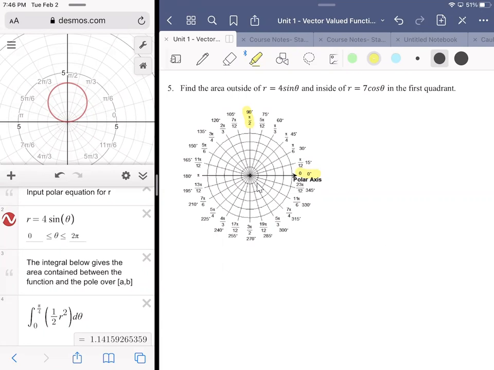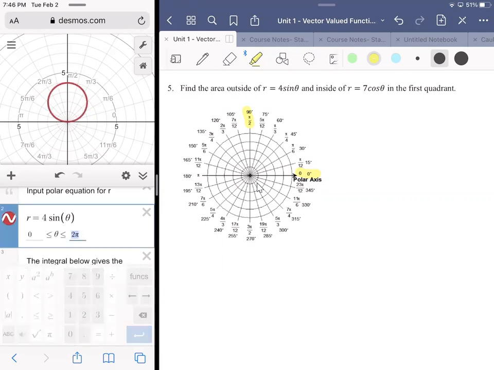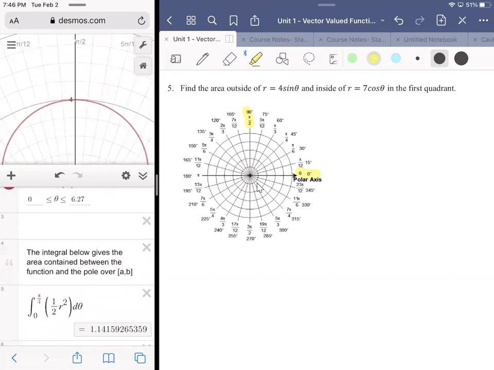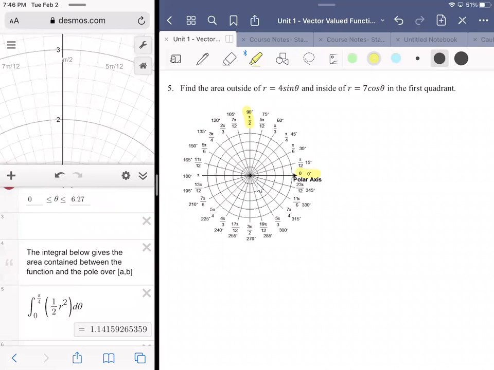The coefficient in front of sine represents the diameter. So we just need to make sure that theta is going to give us one full turn around the circle, so I'll dial it back to 6.27 or so, to make sure that it's not going to close the loop up the wrong side.